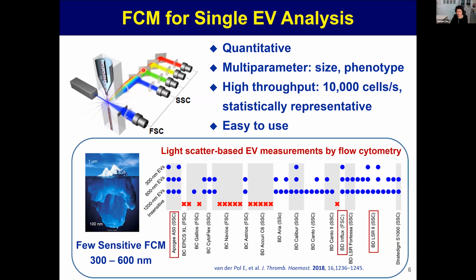Based on a recent report, for light scatter based EV measurement by flow cytometry, only a couple of highly sensitive flow cytometers enable the detection of EVs of 300 to 600 nanometer in size. So we really need to develop highly sensitive flow cytometers to decipher the heterogeneity of EVs.